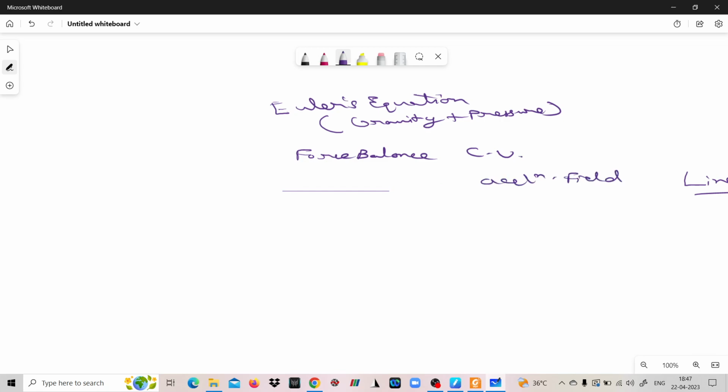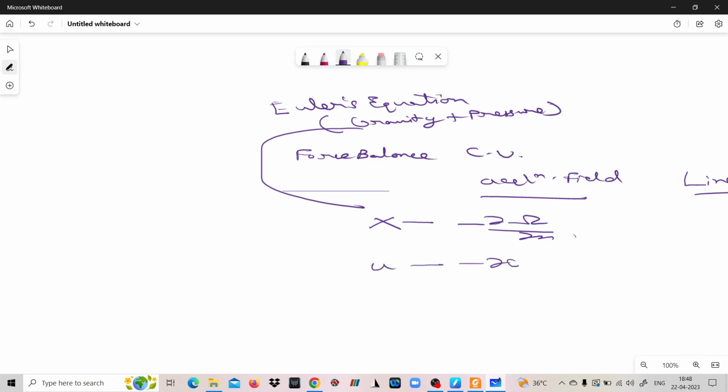Now in that acceleration field, if you consider that the body forces, that is the gravity term here, is represented by some force potential, and the velocity terms, that is u, v and w, are represented by the velocity potential, and if you substitute this in Euler's equation, what will you get?